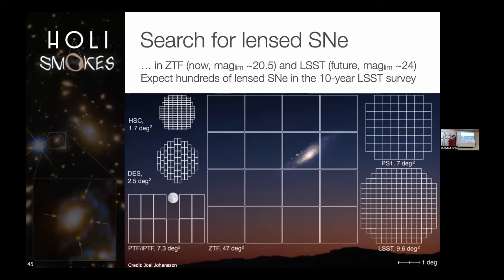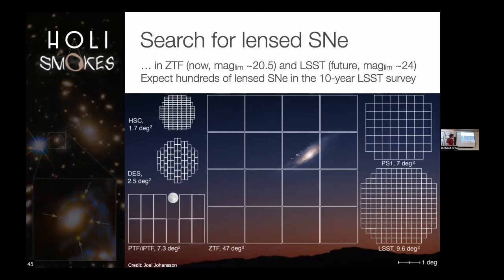But since it's a small telescope, the survey is not particularly deep, so the limiting magnitude is about 20.5. And predictions say that 99-point-something% of all lensed supernovae are fainter than that. At the moment, we just have a chance to find the tip of the iceberg.